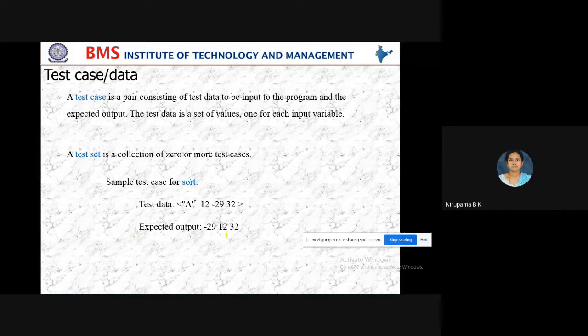Data. When I say write a program to find the largest of two numbers, then how should the input data be? The input data should be a non-zero number, and it should not have a character.